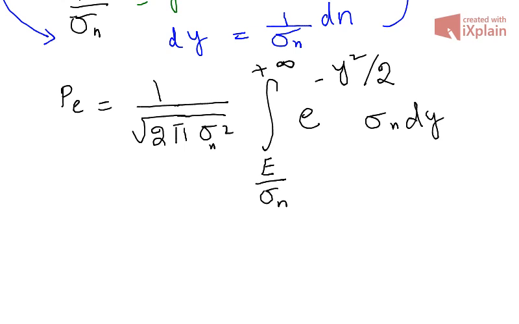Now we have changed the variable. Now you can see that this sigma n would cancel this sigma n because it is under the root, right?